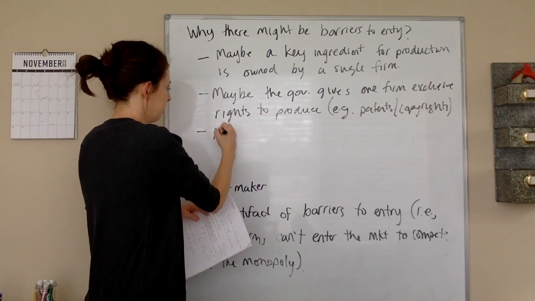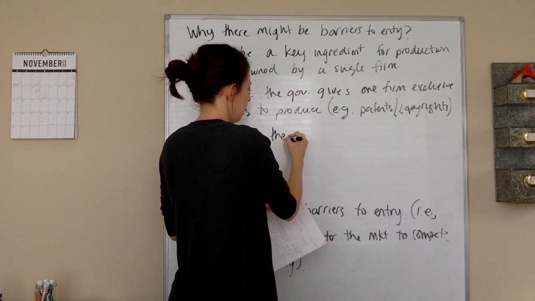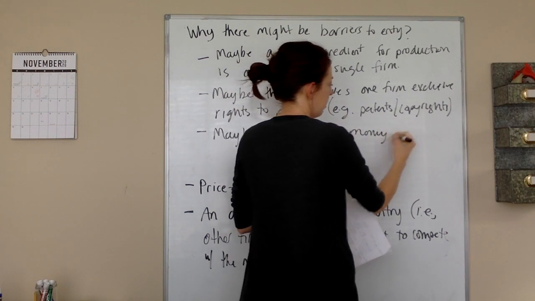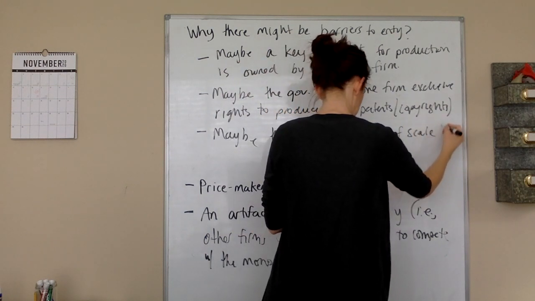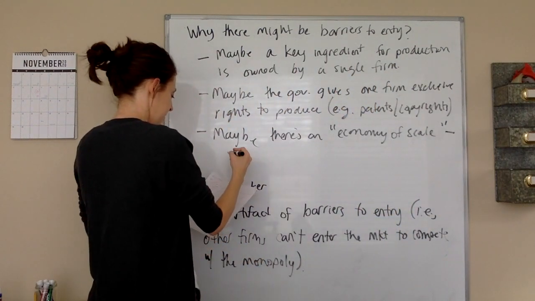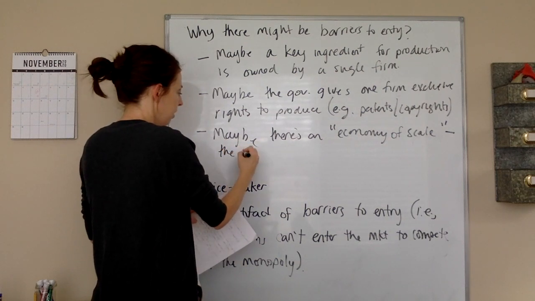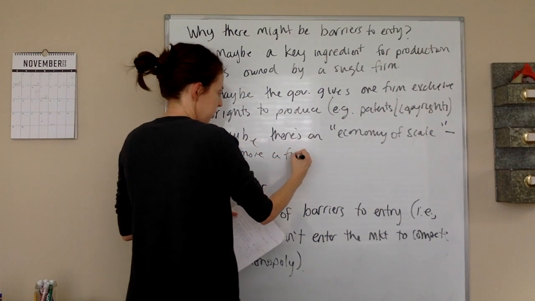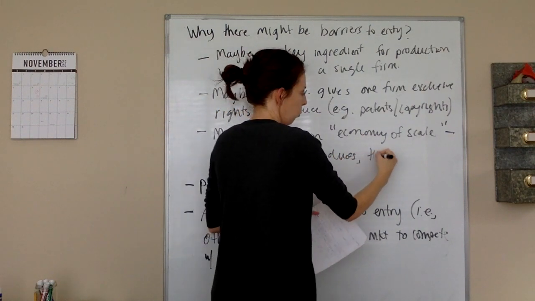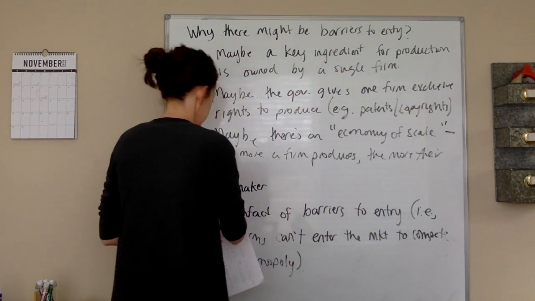Okay, so maybe number 3 is maybe there's an economy of scale. What an economy of scale is, it's equivalent to saying that the more a firm produces, the more their average total costs go down.